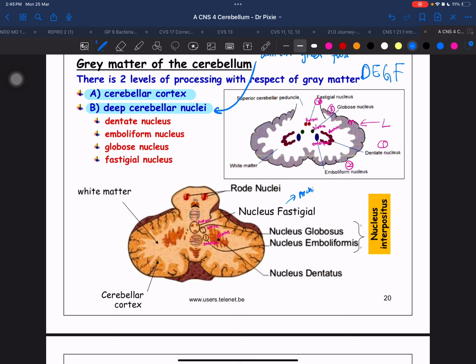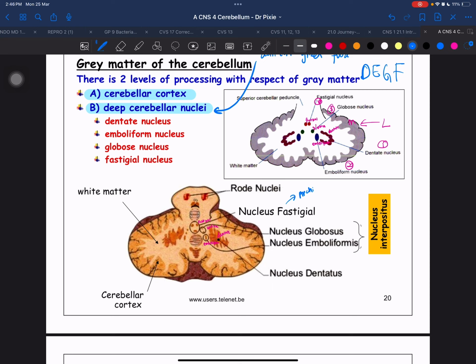Some books don't separate them; some neurologists just say nucleus interpositus, and you have to remember it's formed by emboliform and globus. And then the innermost is the fastigial nucleus.